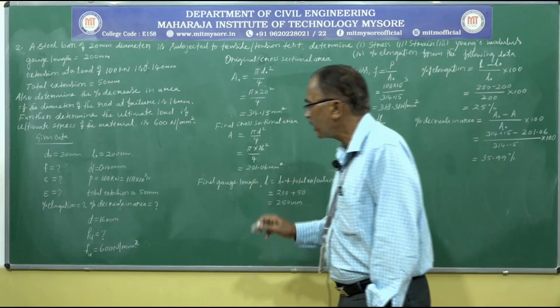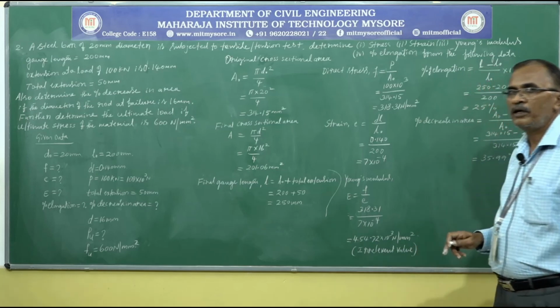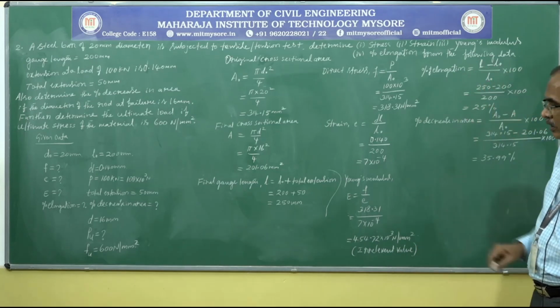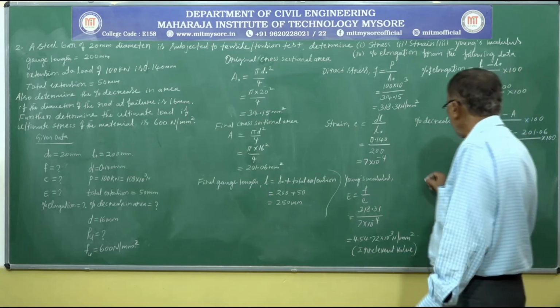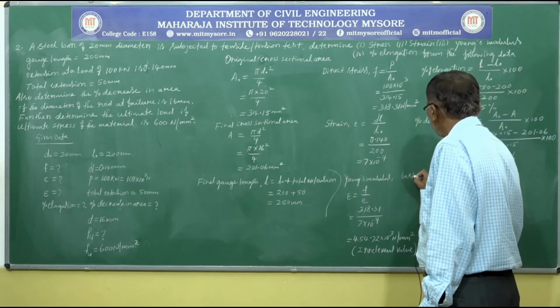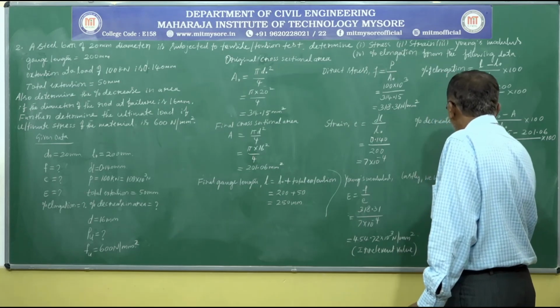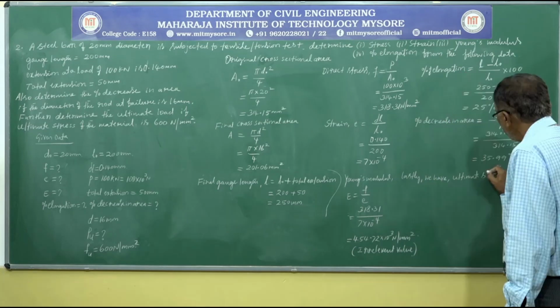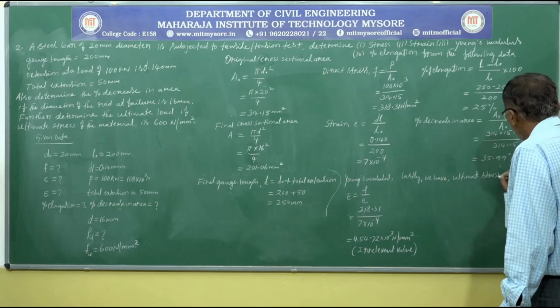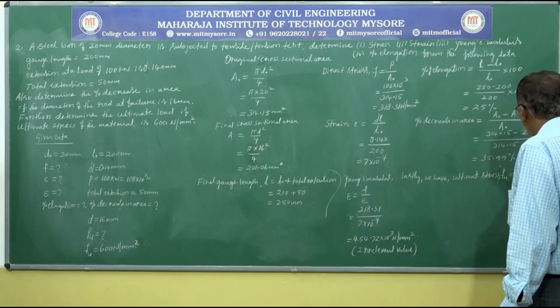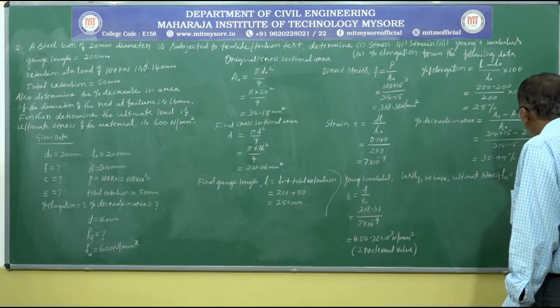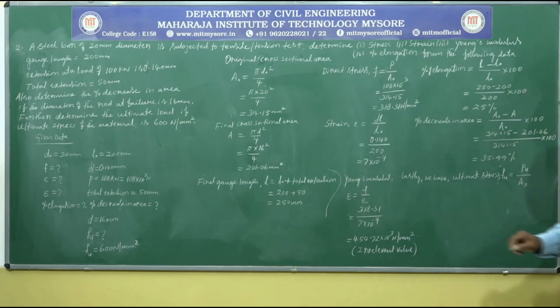Next, asked to calculate the ultimate load of the material, given the ultimate stress as 600 Newton per millimeter square. Lastly, we have ultimate stress, Fu, is equal to ultimate load divided by original cross sectional area A naught. So knowing the stress at the ultimate point and the original cross sectional area, we can calculate the ultimate load.